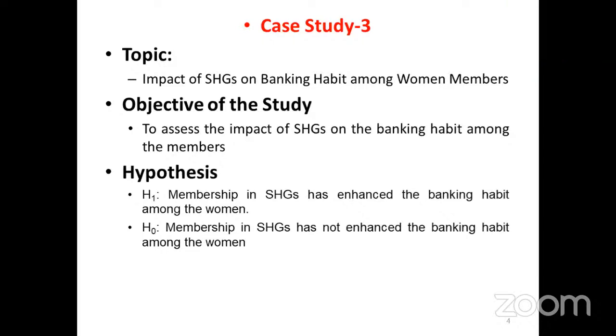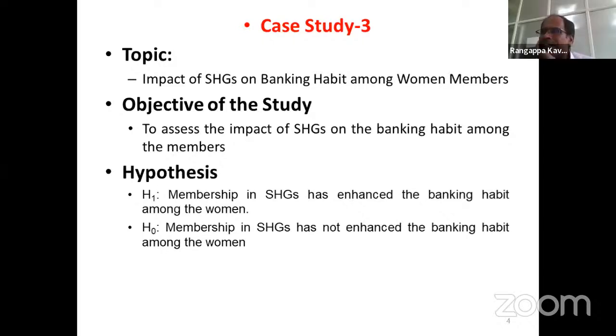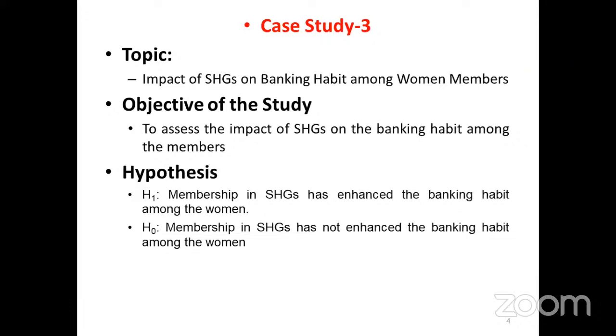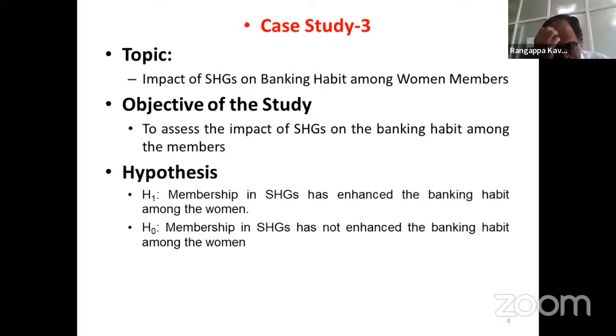Two groups of respondents: people who have banking habit and people who don't. A t-test is only used for quantitative variables. You have to use your logic and give me the answer.